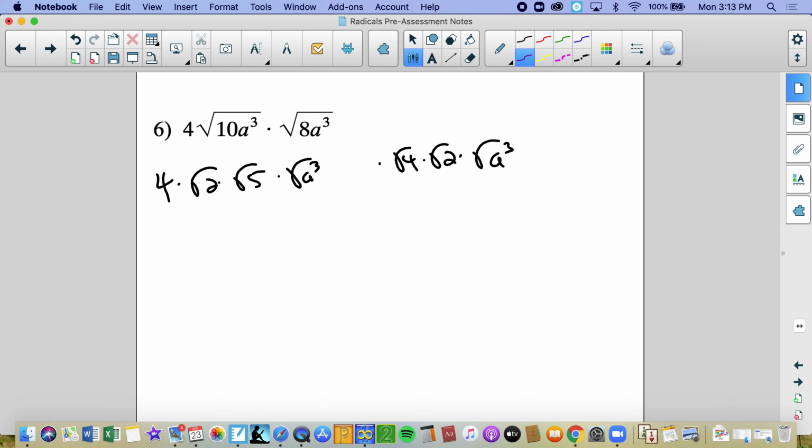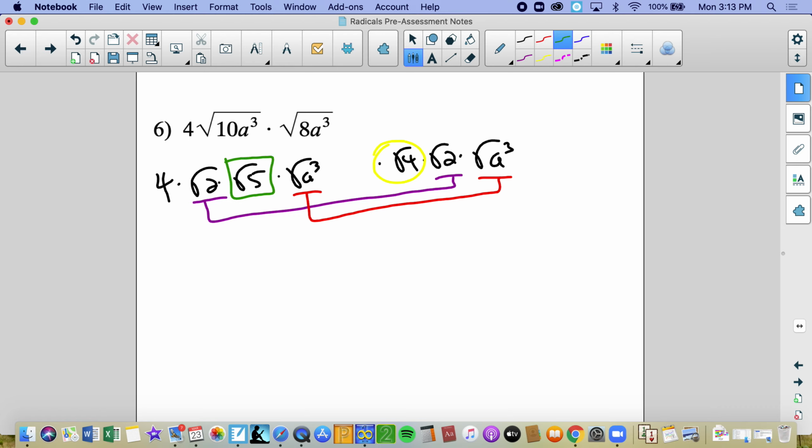So I have rad 2 and rad 2 is a match. I have rad a cubed as a match. I have a perfect square. And then I have this as a leftover. And that's it. So everything is taken care of.